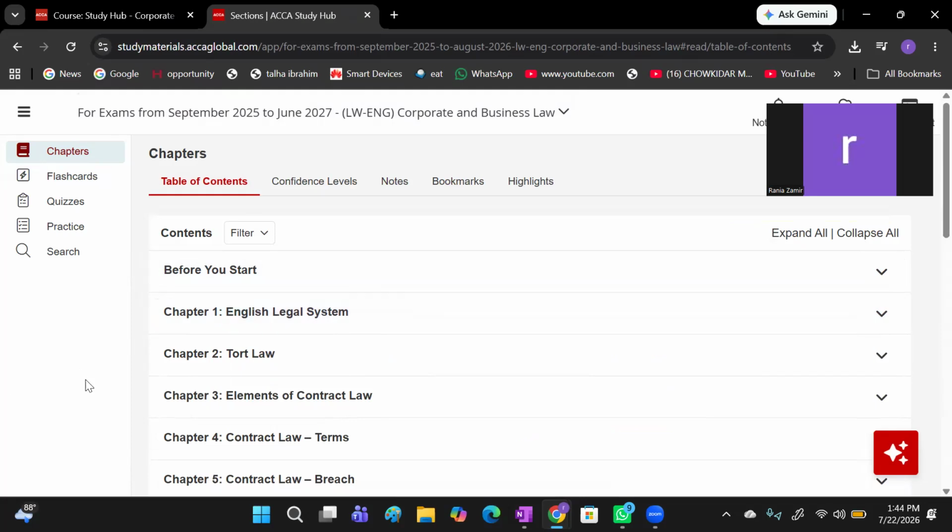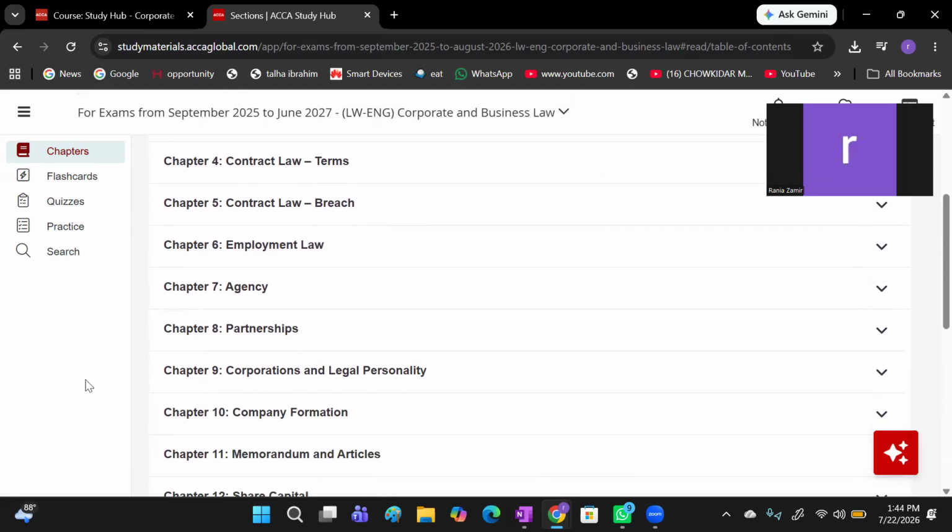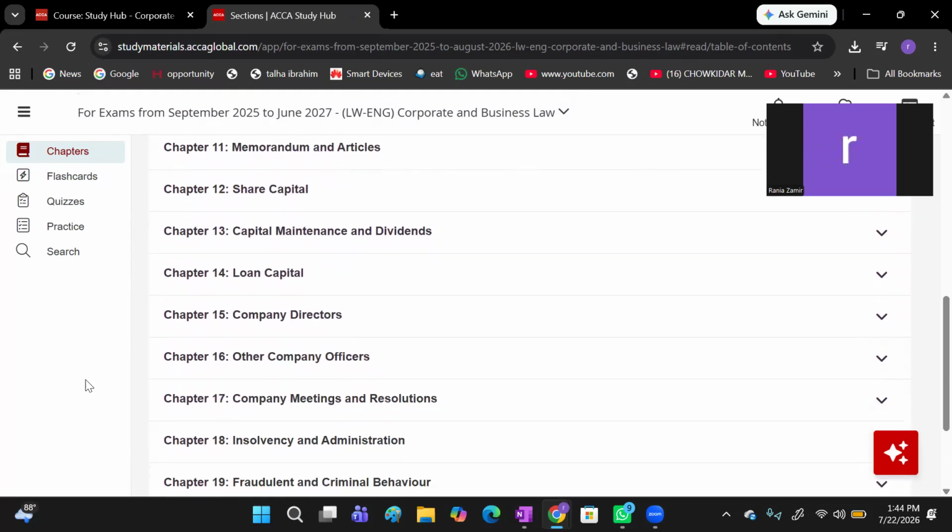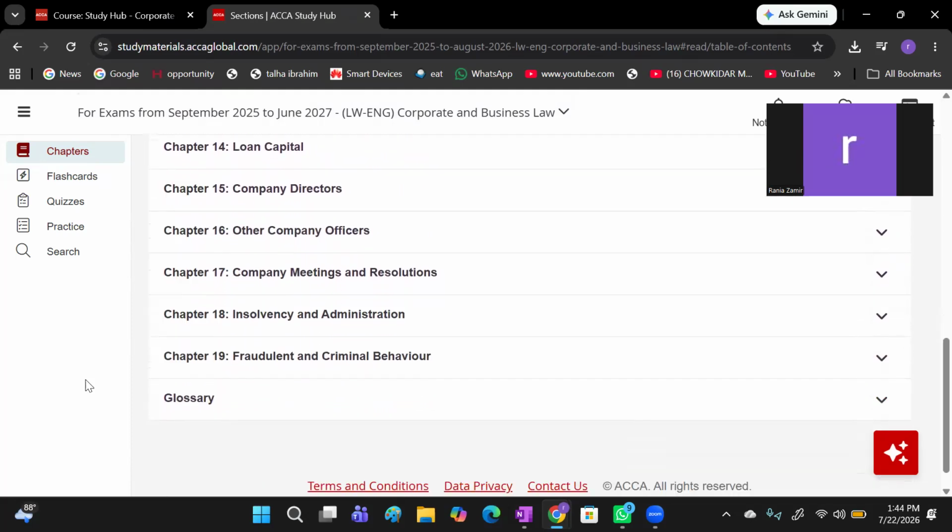The total number of chapters that we have in this course is around 19. But if you look at the books, BPP or Kaplan, they've got fewer chapters. Actually, BPP has more because they've divided the chapters so that each chapter has fewer topics.